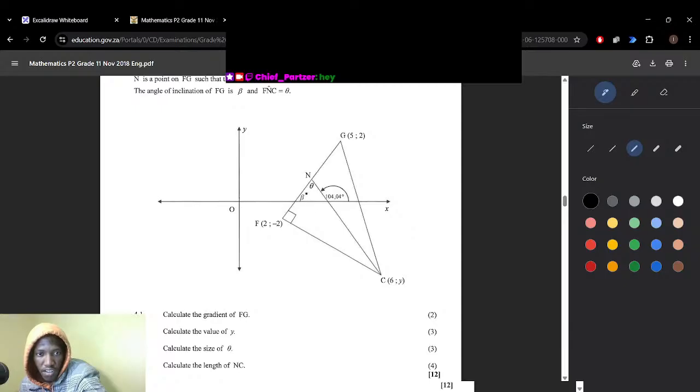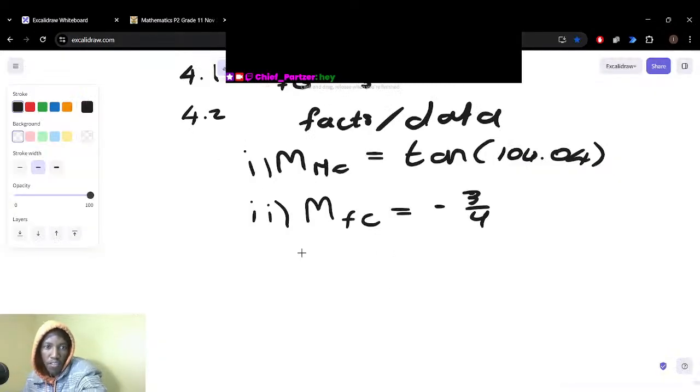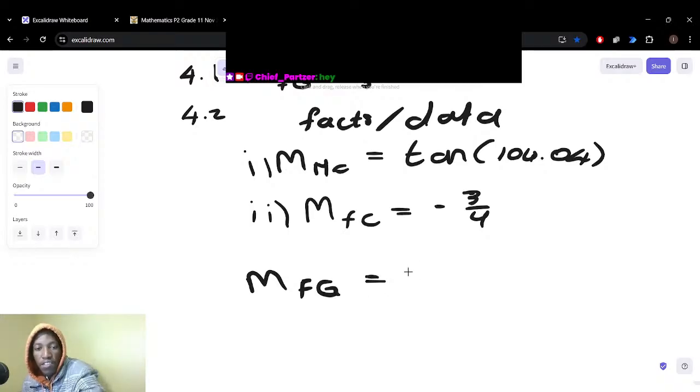Let's calculate beta. So how do we calculate beta next? We know that the gradient of FG is equal to 4 over 3, right?